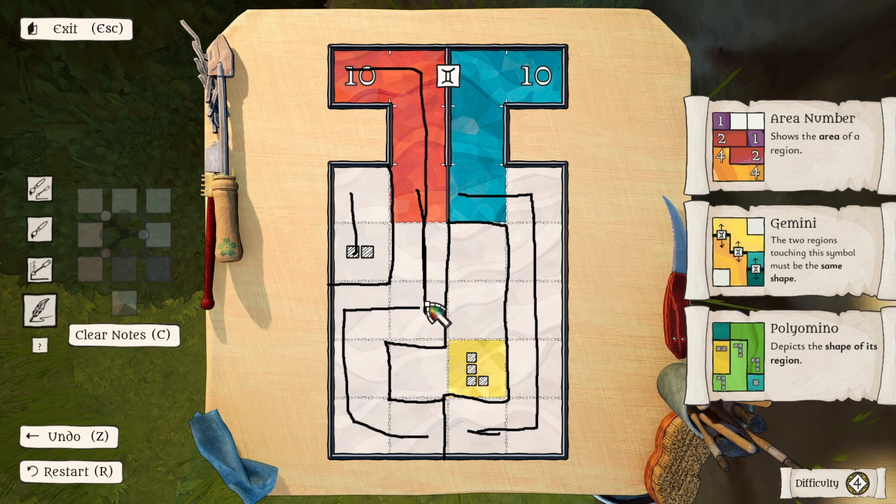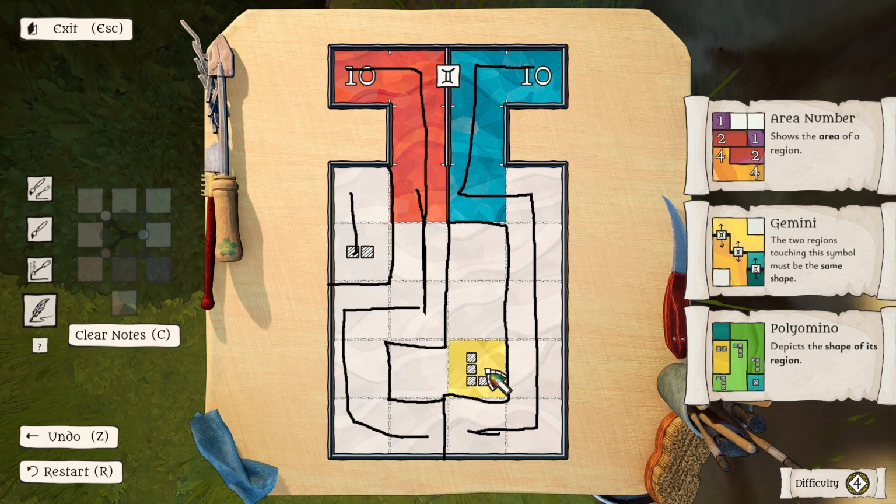This shape and that shape are the same. One of them is flipped over twice or rotated. If that cell were this one, then it would match. So that's the way that works.